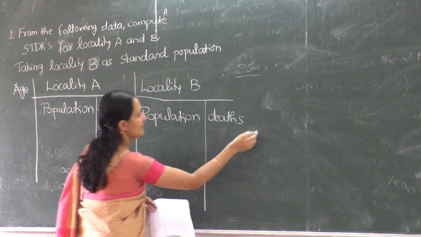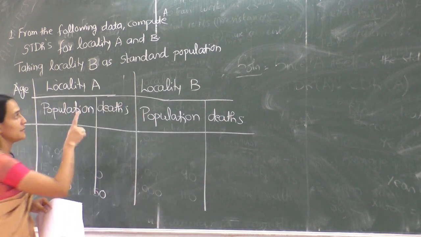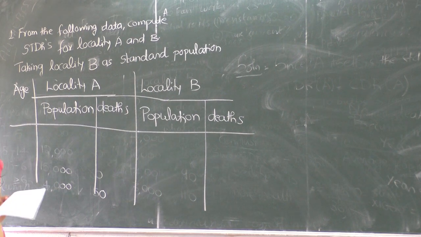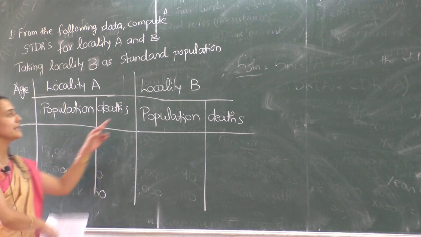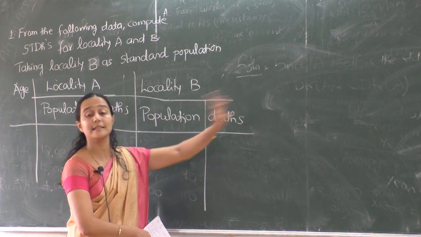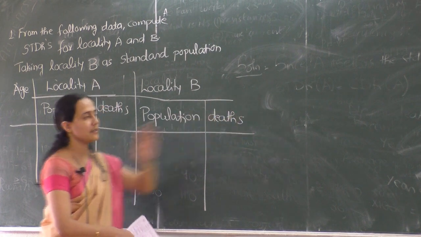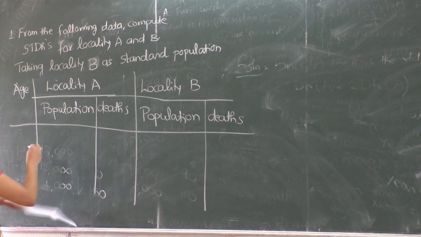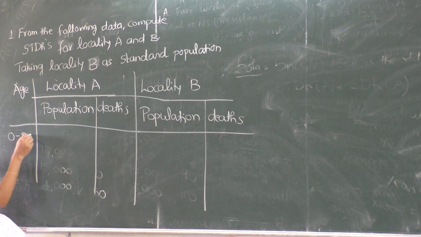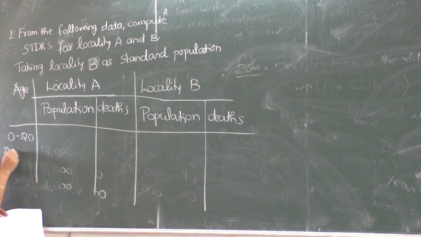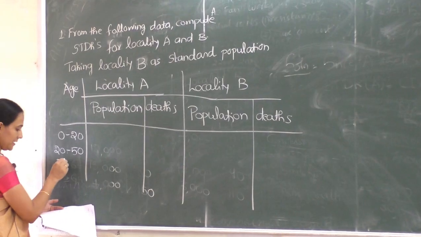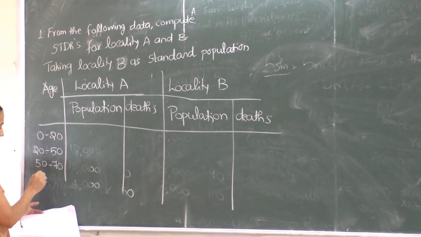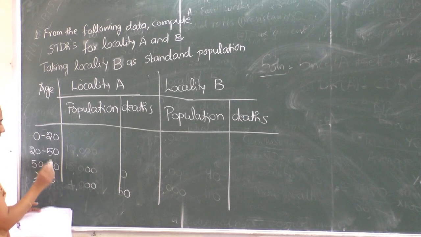Population deaths. So here which one is a standard population? B is a standard population. Sometimes it may be given here only, locality B in the bracket standard population. So the age group is 0 to 20, 20 to 50, 50 to 70, greater than or equal to 70.